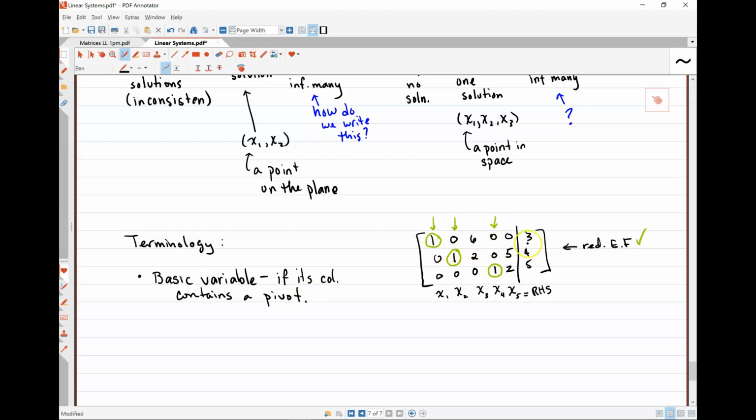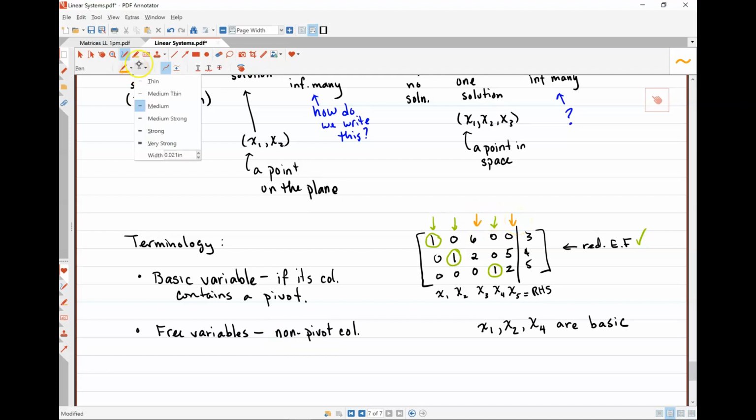So over here we have 3 variables that correspond to pivot columns. So x1, x2, and x4 are basic. And then free variables are variables that are associated with non-pivot columns. So like this 620 and this 052, those are non-pivot columns.